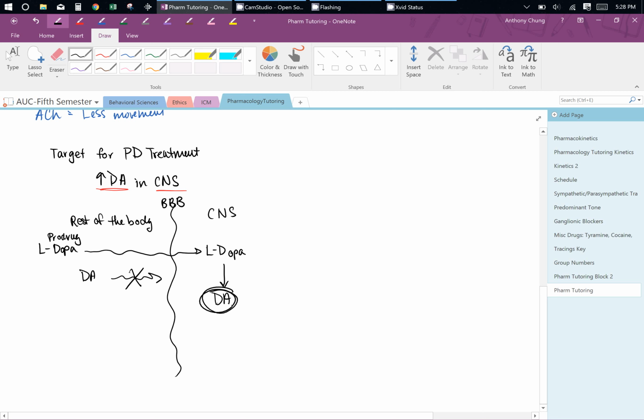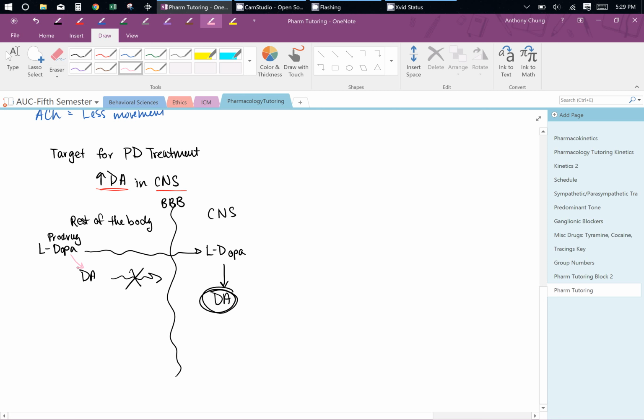And to make that happen, we have to think about some of the things that could go wrong in this whole process. So with levodopa, if you want it to cross into the CNS, obviously you don't want it to be made into dopamine in the periphery, right?